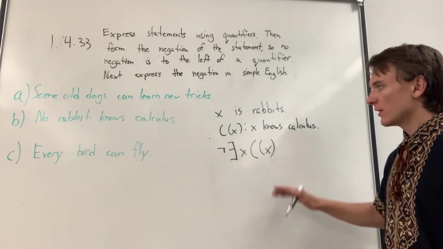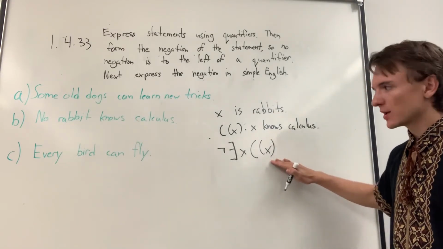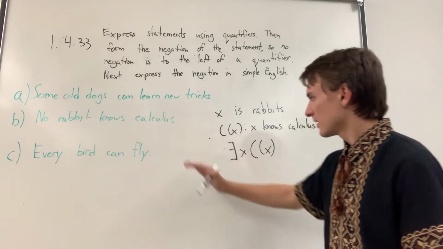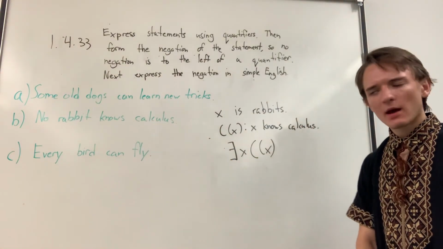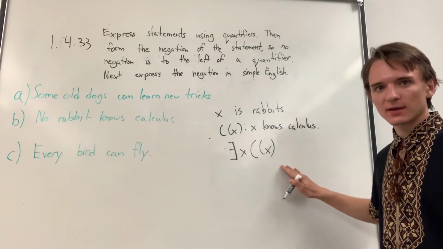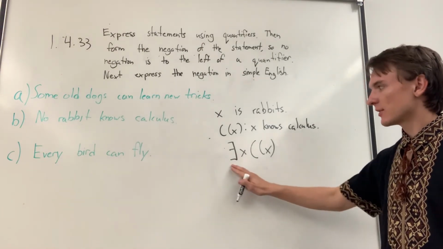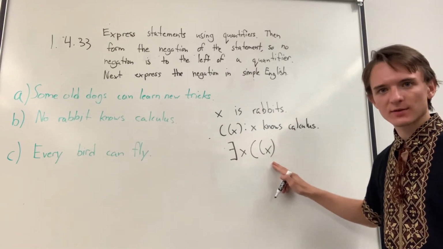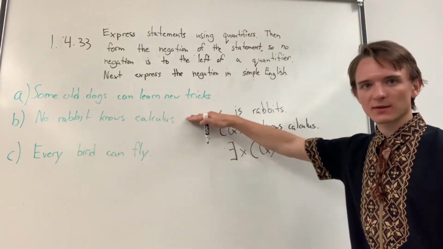Of course, now if we were to negate this original expression, we would just remove the negation symbol entirely. And then we're done. How do we express this in simple English? Well, we would say that there exists a rabbit that knows calculus, right? That would be the negation of this statement.